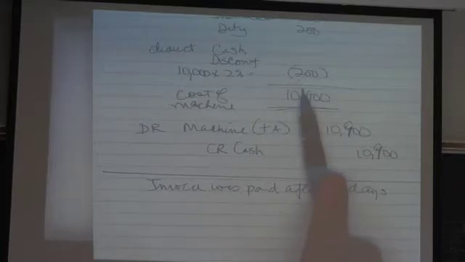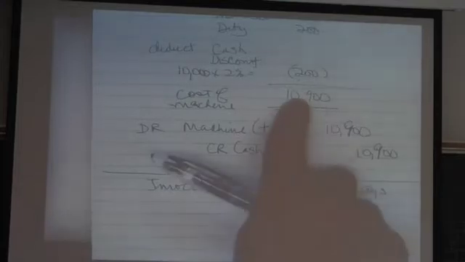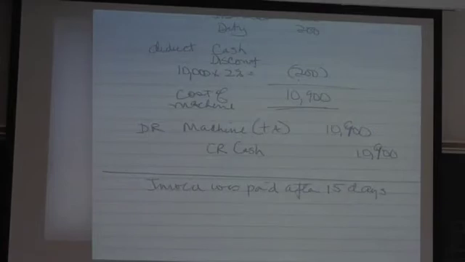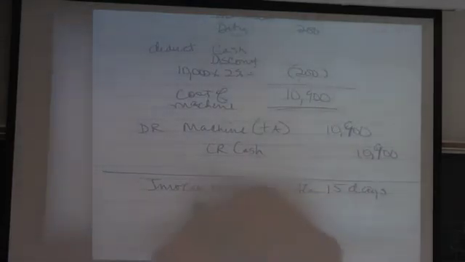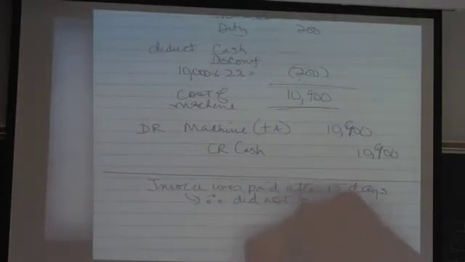So we don't want to record the asset for 11,100, because that's not the lowest possible price.